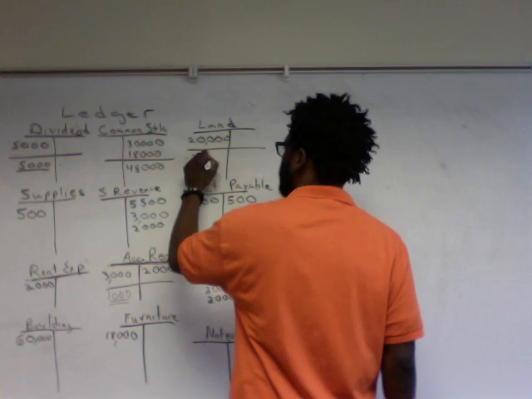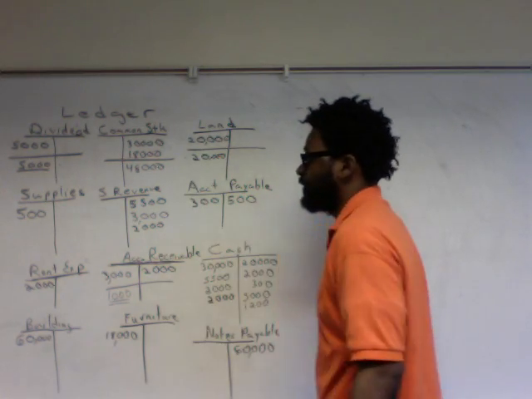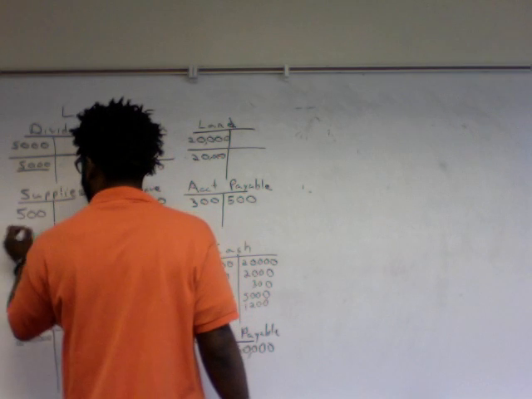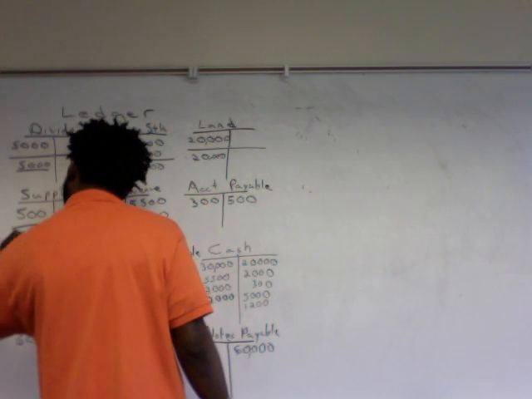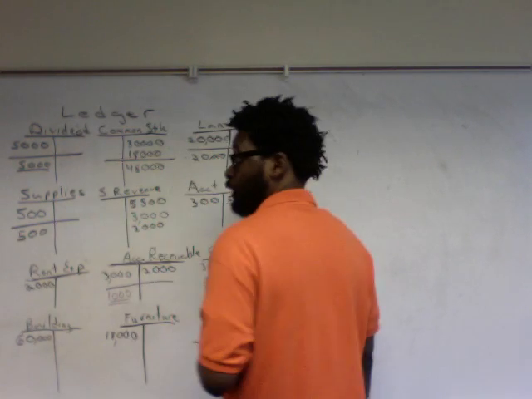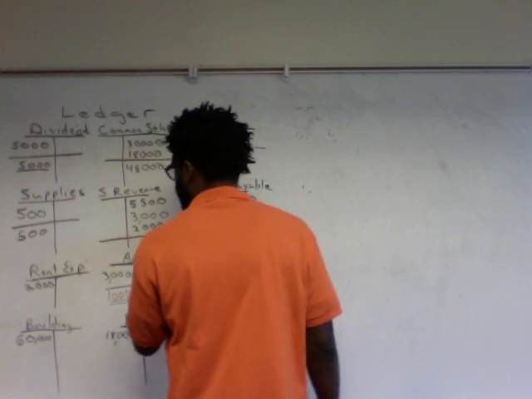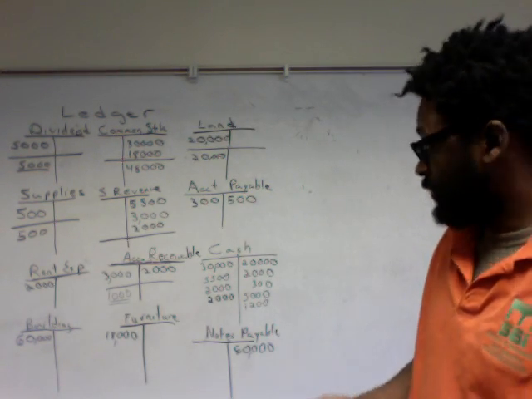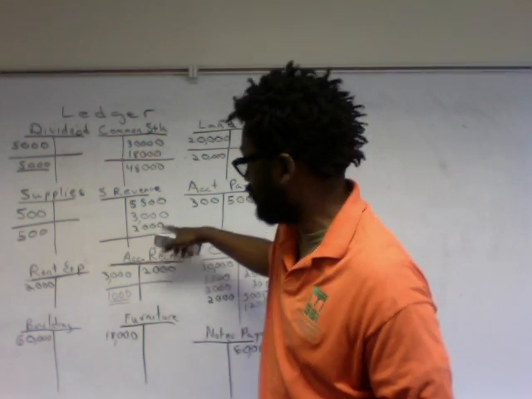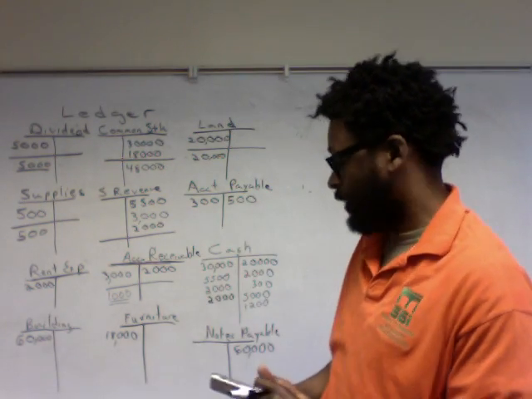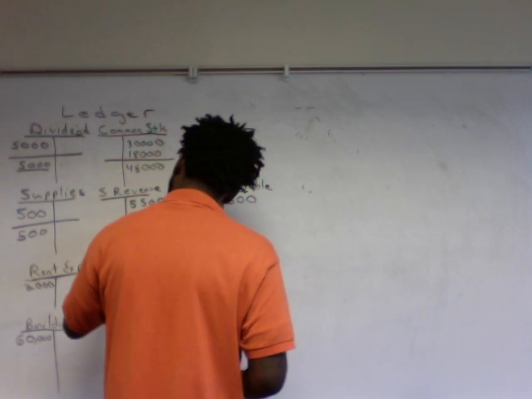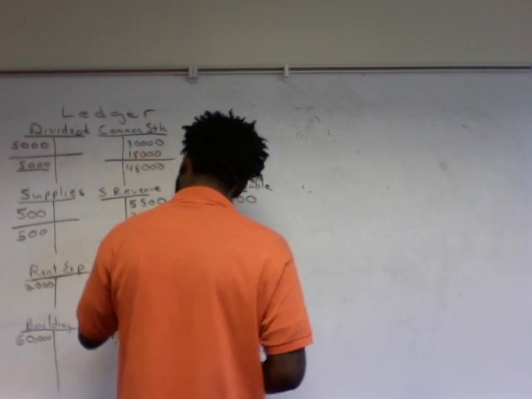Nothing was affected on the credit side, so the ending balance stays at $20,000. We have supplies. That gives us an ending balance of $500. Nothing was affected on it on the credit side. Service revenue, nothing on the debit side, but of course we need to add that up. So what is that? 3 plus 2 is $5,000 plus another $5,500. That gives us $10,500.